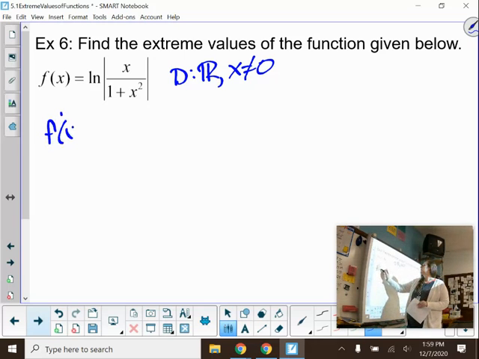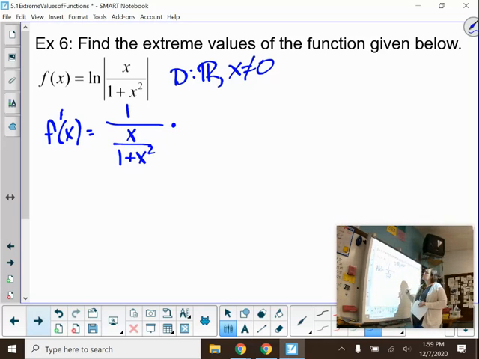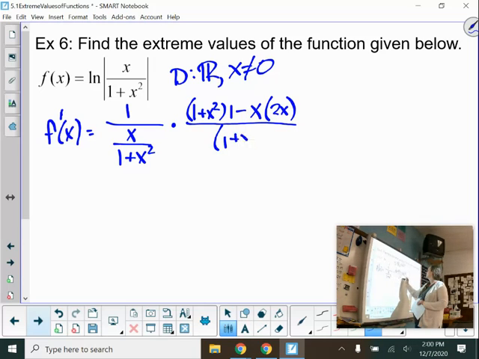So for my derivative, remember this is 1 over what you're taking the natural log of times the derivative of the inside of that natural log. Well, that's a quotient rule, so we have to go through and do low d high minus high d low all over low squared.